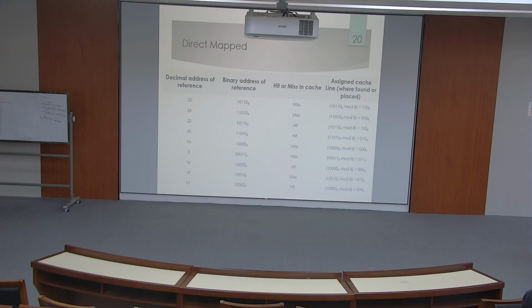We have 1, 2, 4 hits. And how many sequences do we have? 1, 2, 3, 4, 5, 6, 7, 8, 9. We have 9. Then how many misses do we have?